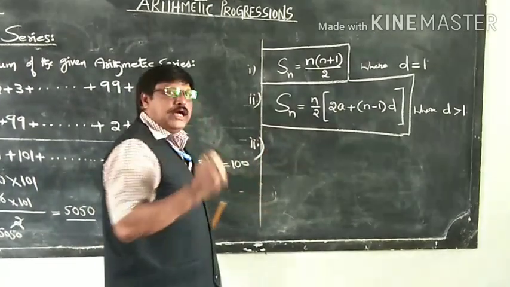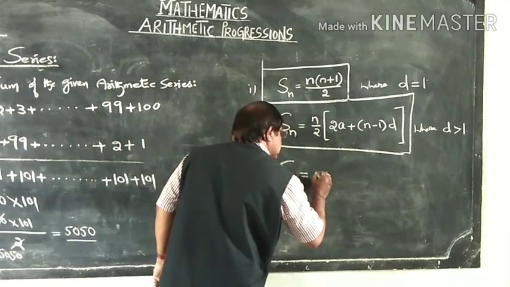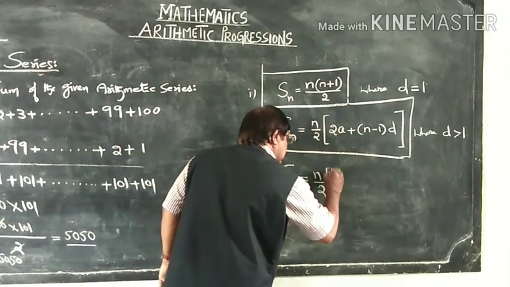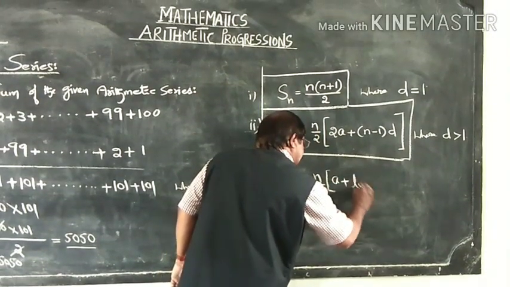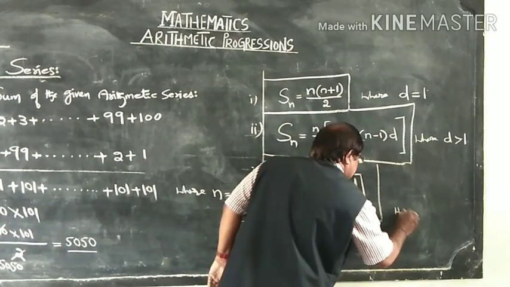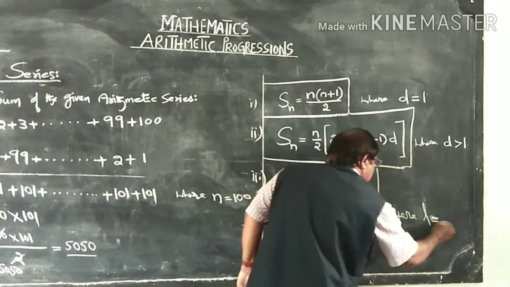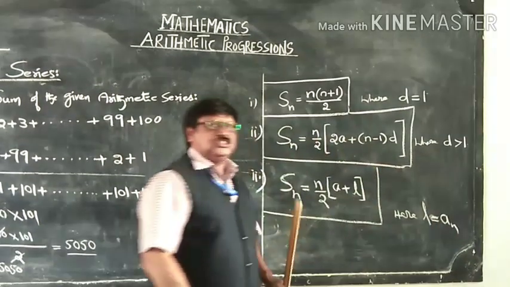The third formula I can write: Sn is equal to n by 2 into a plus l. Here l means an, the last term.